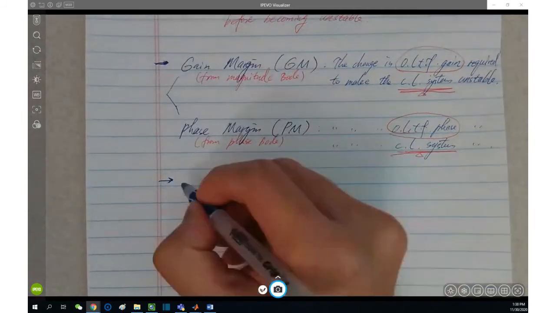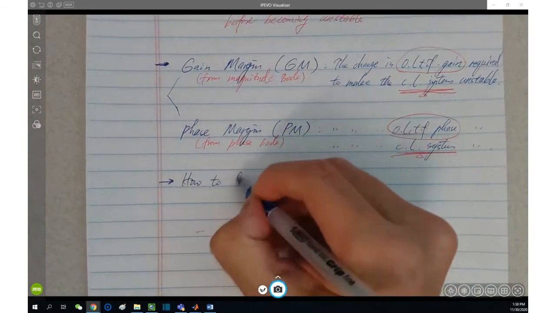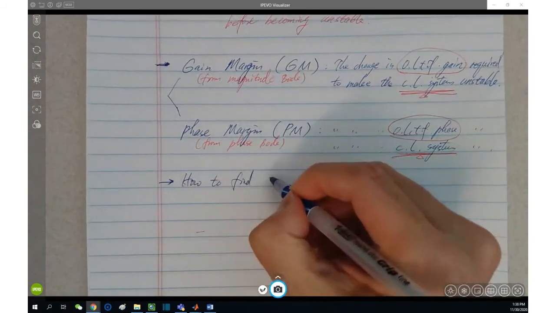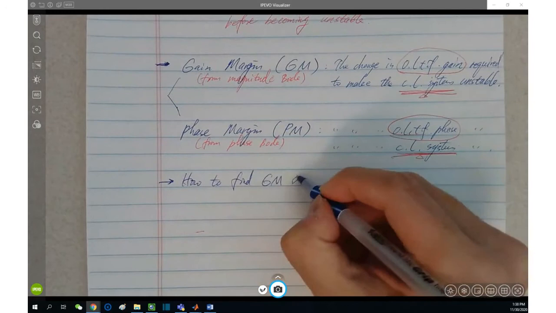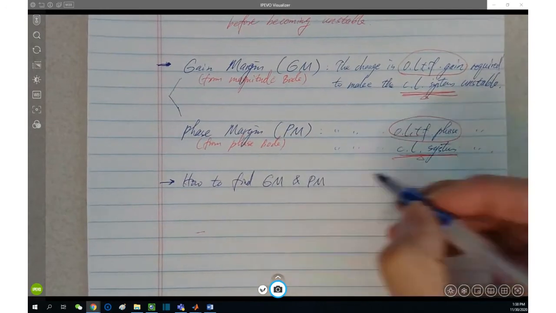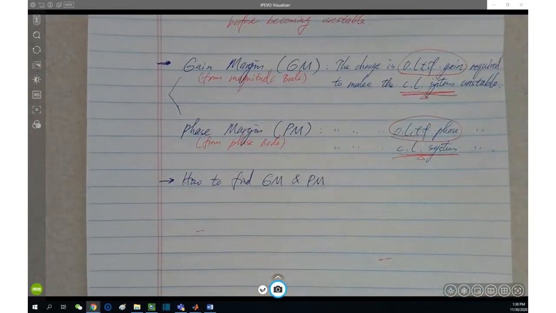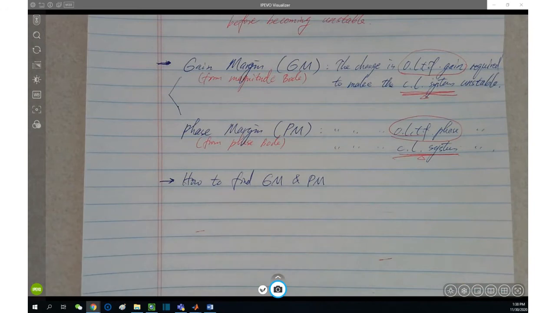Okay, how to find. When you say change, what are you referring to? Could you maybe explain more what you mean by the change in the open loop transfer function gain? Like the value that we're finding? Well, first of all, the given system transfer function is fixed, right? And so you can plot this Bode plot, right?